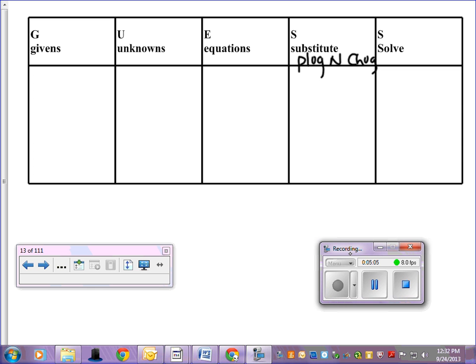And we're going to see the GUESS strategy pop up a lot of times. The speed formula is not the only formula we're going to use. So G is the givens. That's what's given to you in the story problem, the variables of the equation that are given to you. U is unknowns, and that simply just means, what are you trying to solve for?